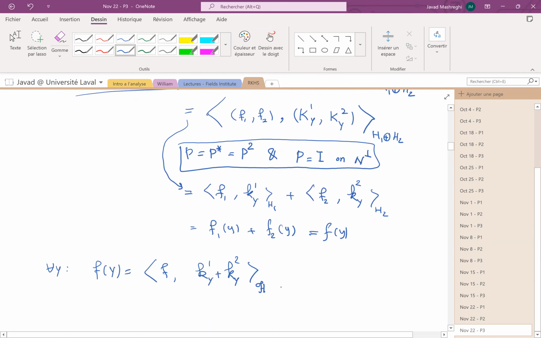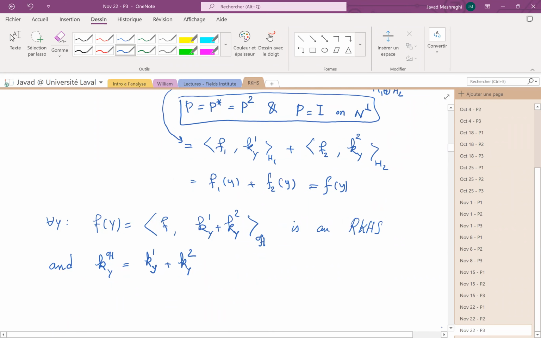So it's more than being a Hilbert space. It's an RKHS, and its kernel k_y in the space H is equal to k_y^1 plus k_y^2.